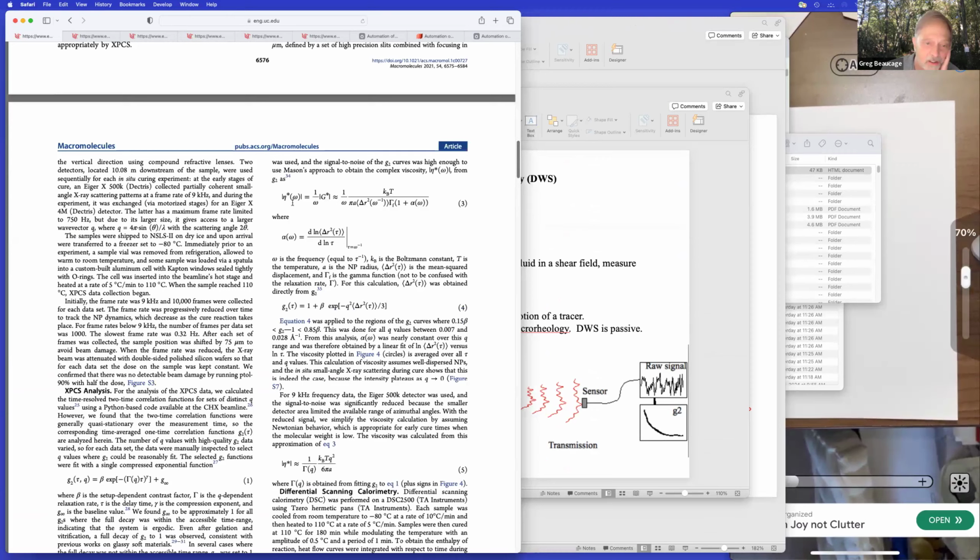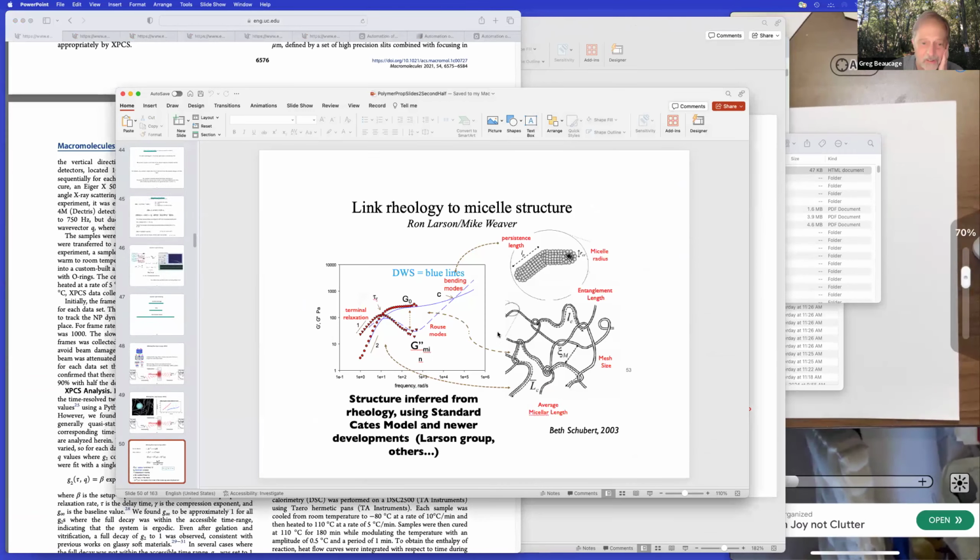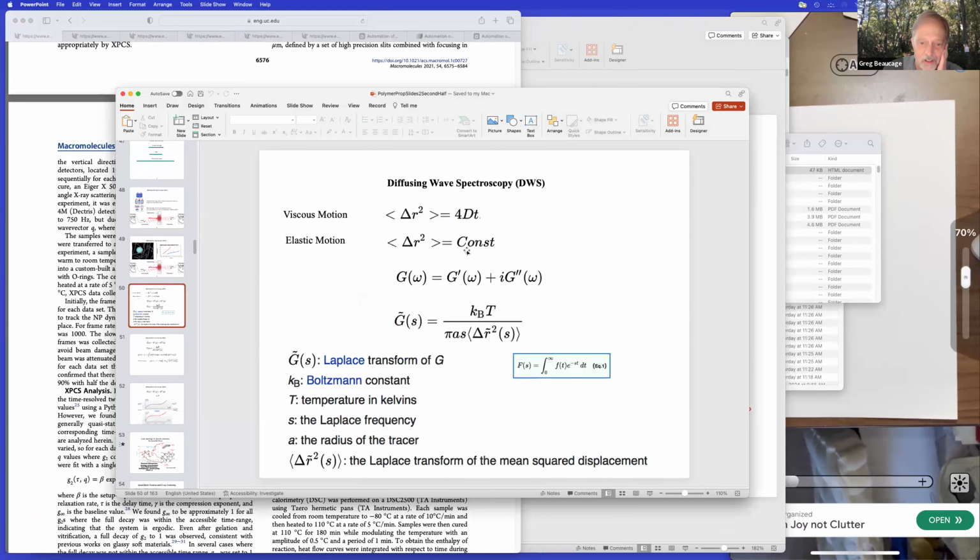So from that you can get the viscosity because the signal you're getting is composed of a diffusive, kind of a diffusive motion. It's going to be viscous, which follows Brownian motion. So it's a combination of these two plus an elastic motion that's constant. It's basically the measurement that you're doing of getting this mean squared displacement, which is gamma, basically.